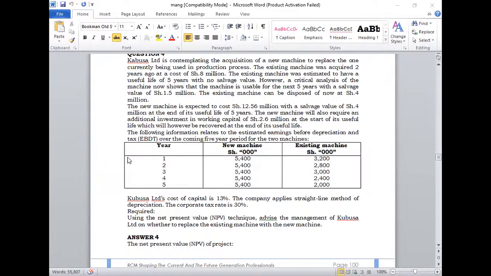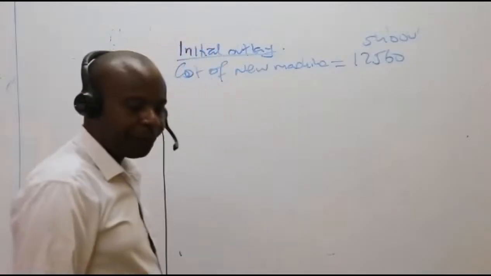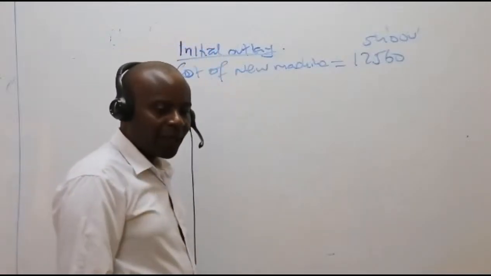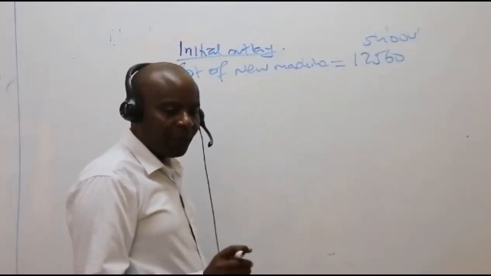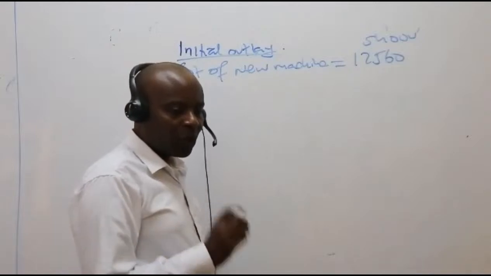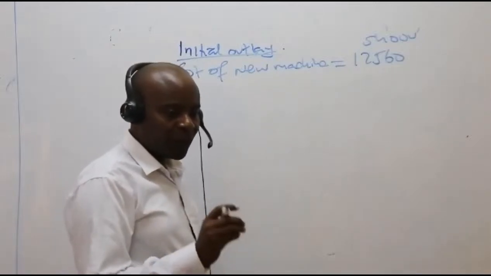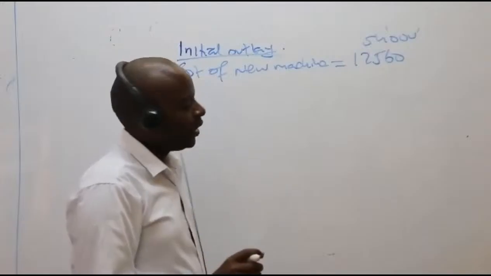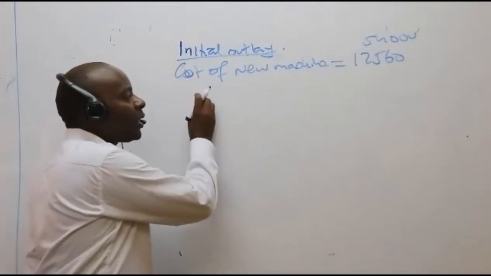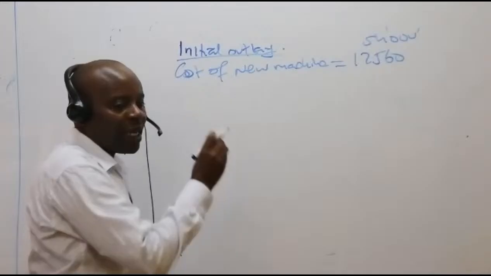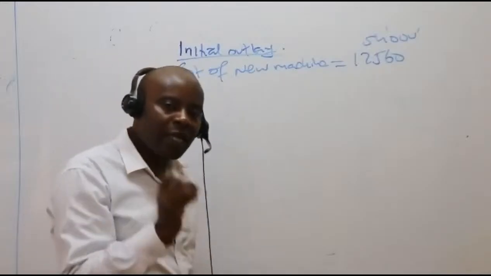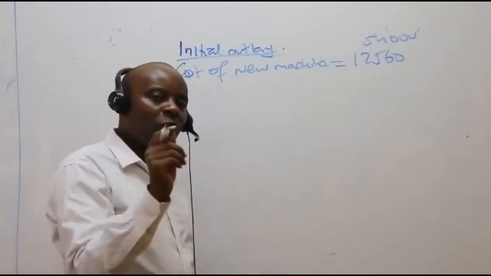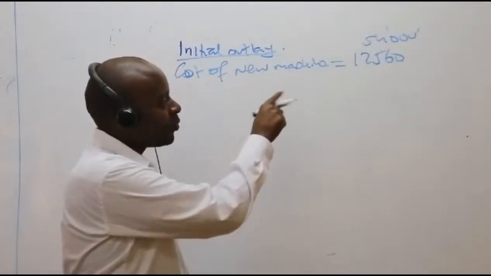Okay, so ladies and gentlemen, now here we are. We've been able to get the cost of the new machine. It is 12,560. Now from there we've seen the concept of working capital. This machine is not coming to run itself.